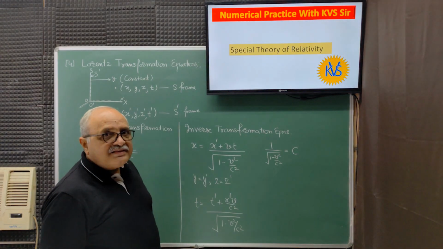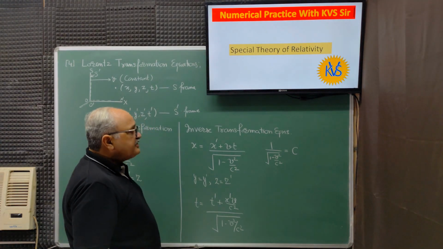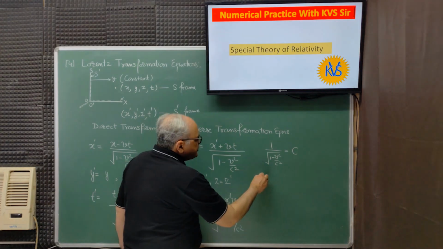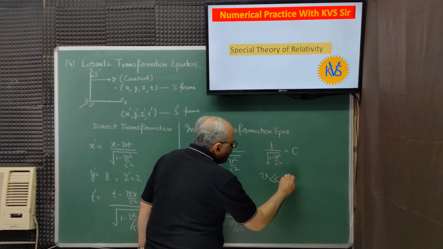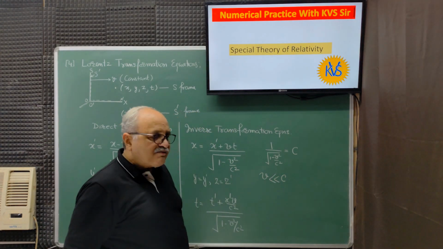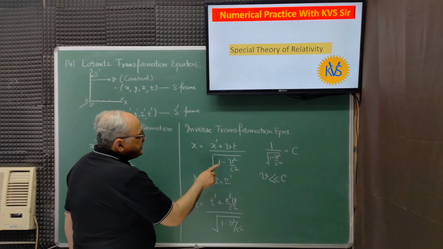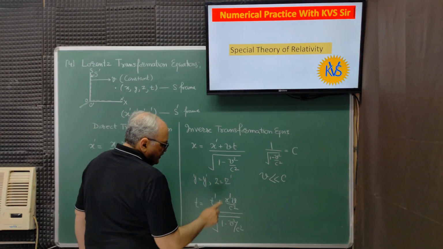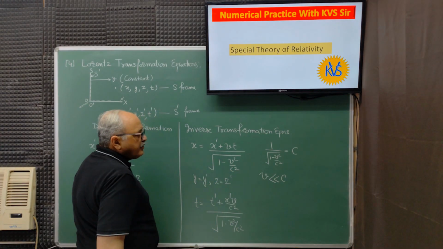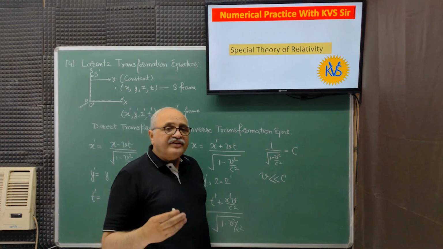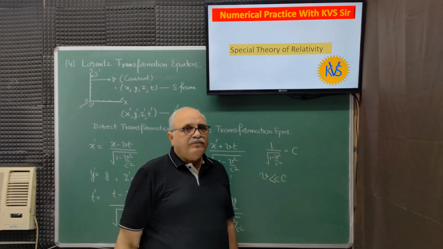The second interesting thing is that if we assume that the velocity of the frame is very small as compared to the velocity of light, the v square by c square factor will go, and we finally reach the Galilean transformation equations.